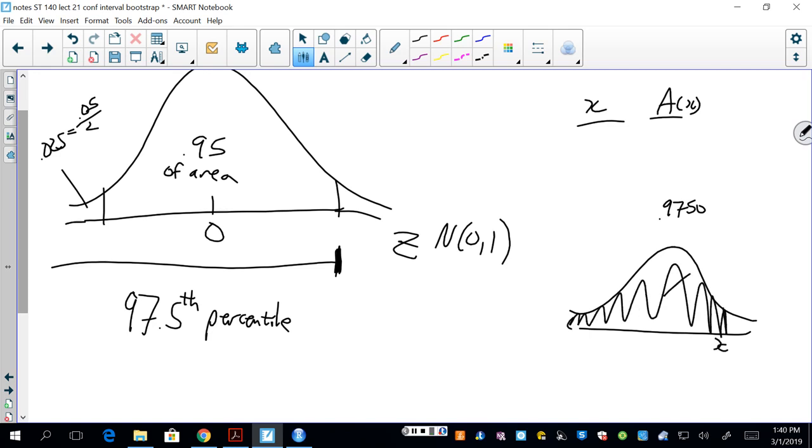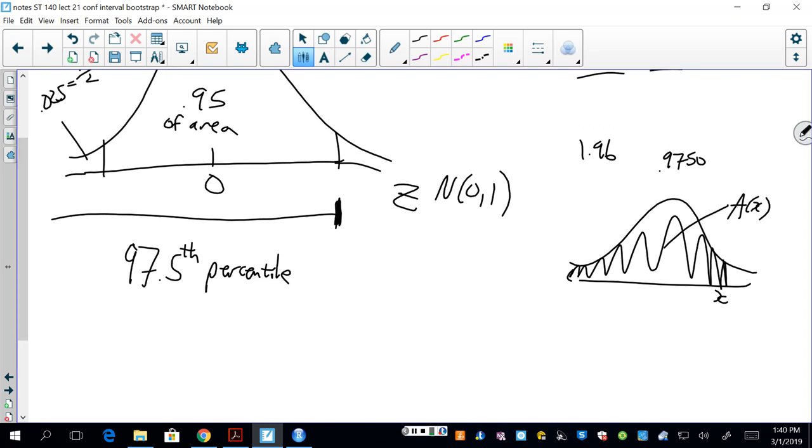This area in here is A of X. And the value that matches up to that is 1.96. So the 97.5th percentile is 1.96, and because of symmetry, the point that would cut off an equal 2.5% tail down here is negative 1.96.